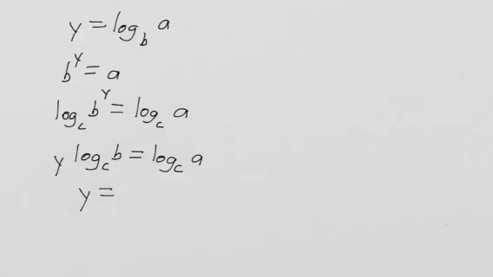So I get y equals log base c of a divided by log base c of b. So that's how we derive the 4 rules of logarithms. And in the next video, we're going to take a look at how we can now use exponentials and logarithms in solving equations.